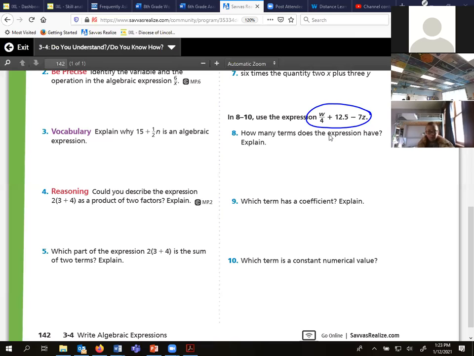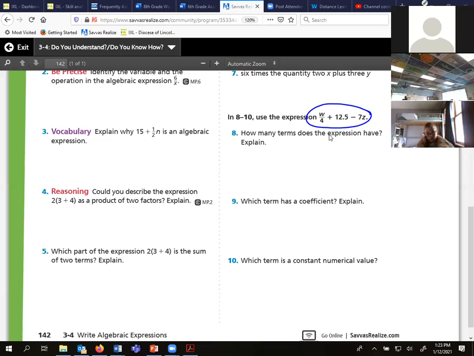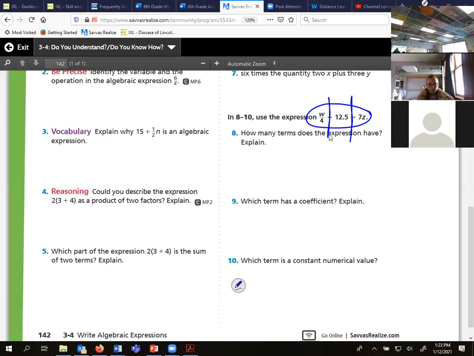Aaron, you raised your hand. Yes. It is 3. So I've got a plus sign here, a minus sign here. It breaks it up into w over 4 is one term, 12.5, and 7z. 3 different terms. Okay, which one of those terms has a coefficient?